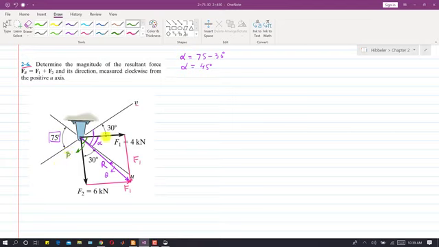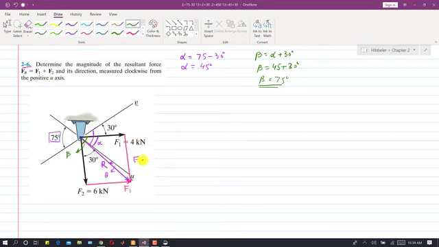So beta will be equal to alpha plus 30 degrees, so it is 45 plus 30 degrees, and again this comes out to be 75 degrees. So the angle between F1 and F2 is also 75 degrees. Now we know this angle.